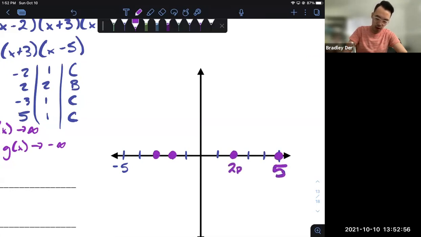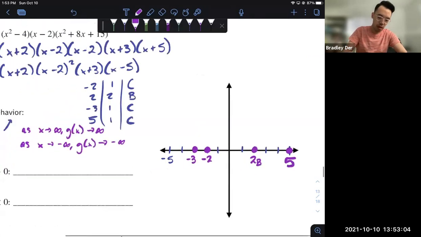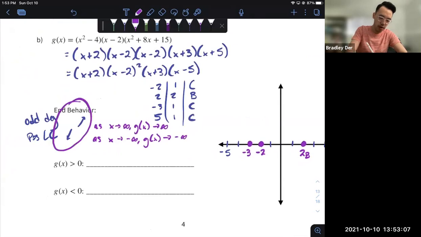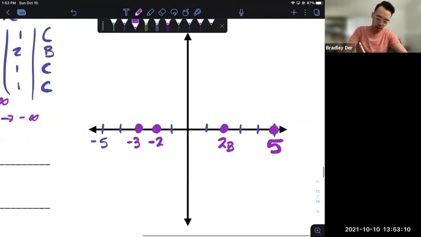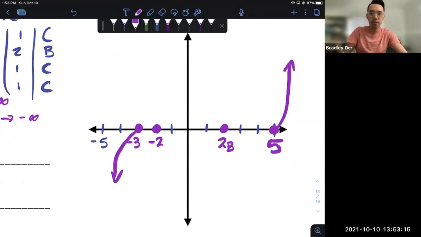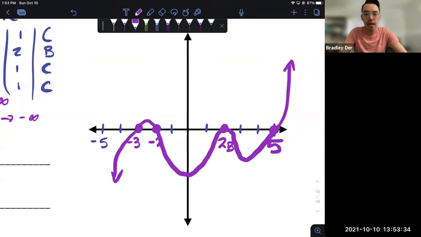Again, make sure that you are labeling your intercepts and make sure that those are all labeled. Look back at your end behavior, right? We know how our tails are supposed to look. Go ahead and draw those in. Right, and then we will just cross, cross, bounce. Just make that just a little bit deeper in the middle. There we go. I feel good about that.